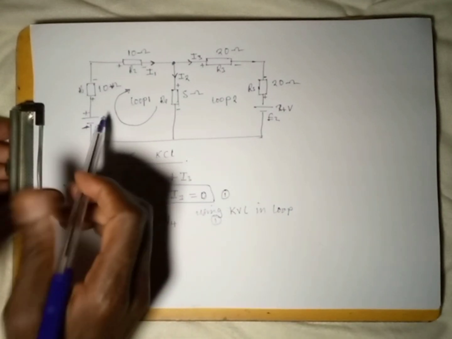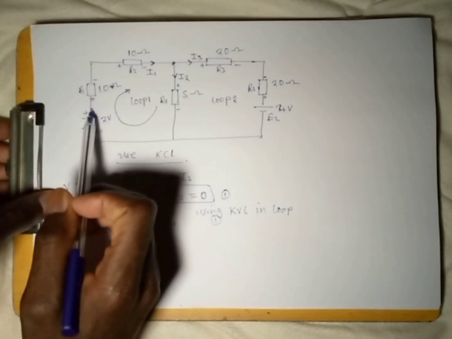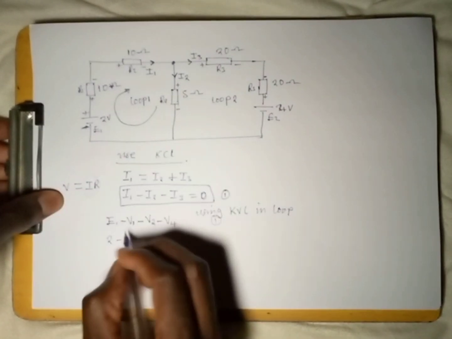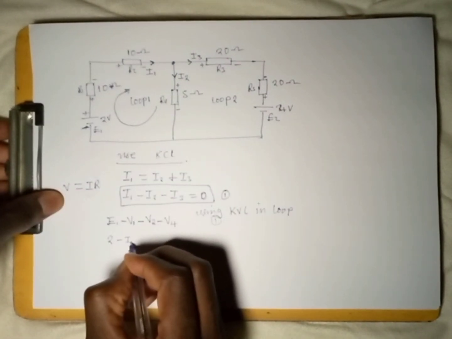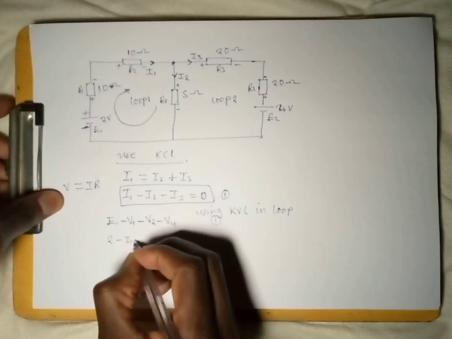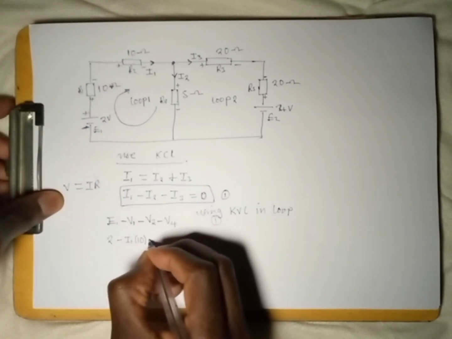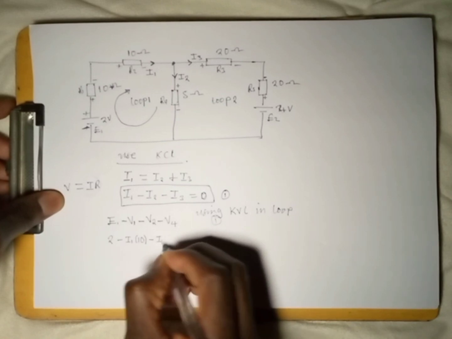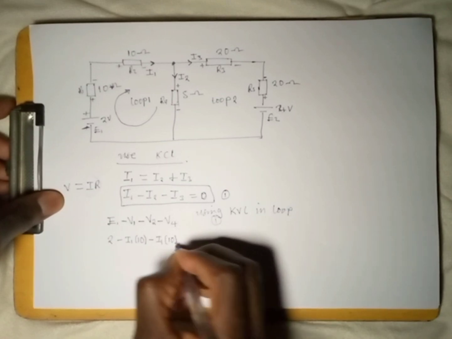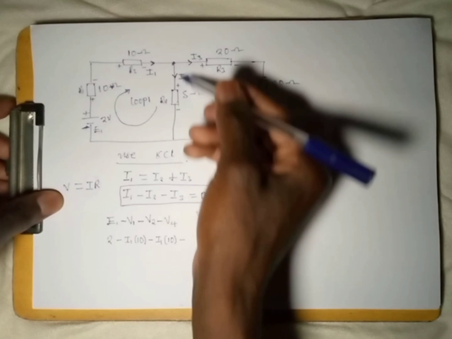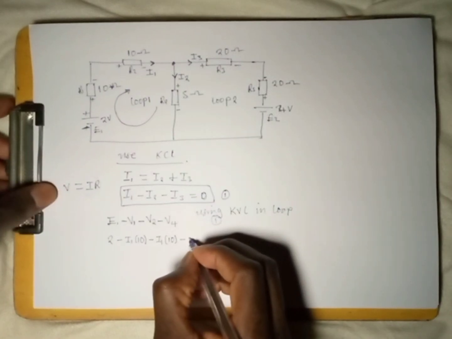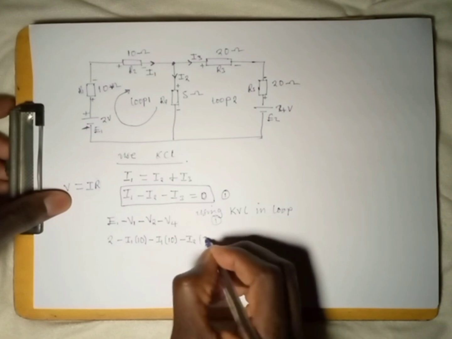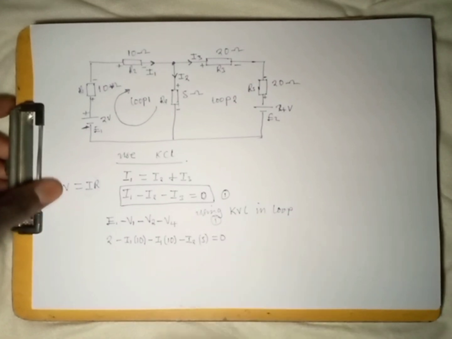V1 has to be R1 multiplied by the current going through this, which is I1. R1 is 10, so minus I1 multiplied by 10. Here we have I2, so the resistor there has to be 5, equal to 0.